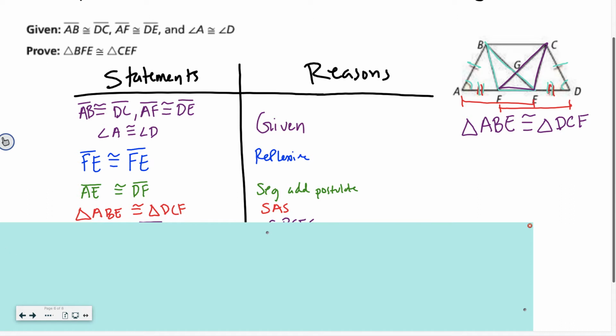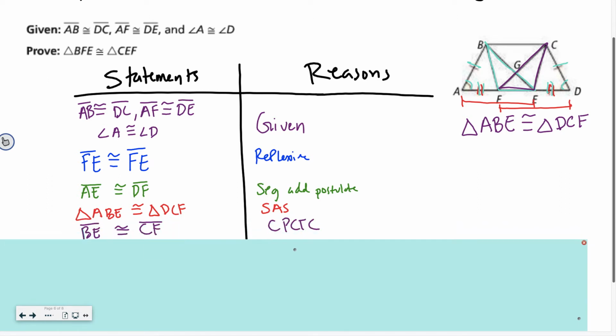Then, if I know that those two triangles are congruent, I can start saying that the parts of those triangles are congruent. So next, I can look at those two original triangles I'm trying to prove, BE and CF, so the diagonals, are also congruent by corresponding parts of congruent triangles are congruent.